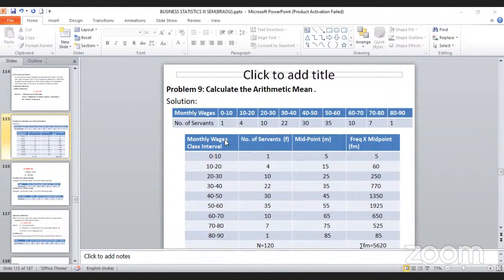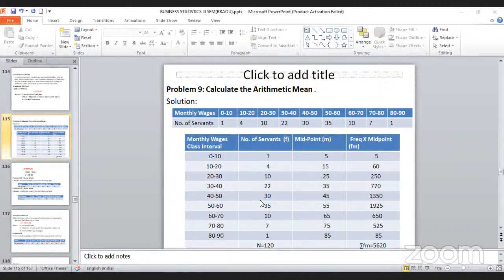Now, in the discrete series, we have an x value, so we multiply the frequency with the corresponding x values. But here we don't have a single value, we have class intervals. Which number will you multiply with? Is it clear?